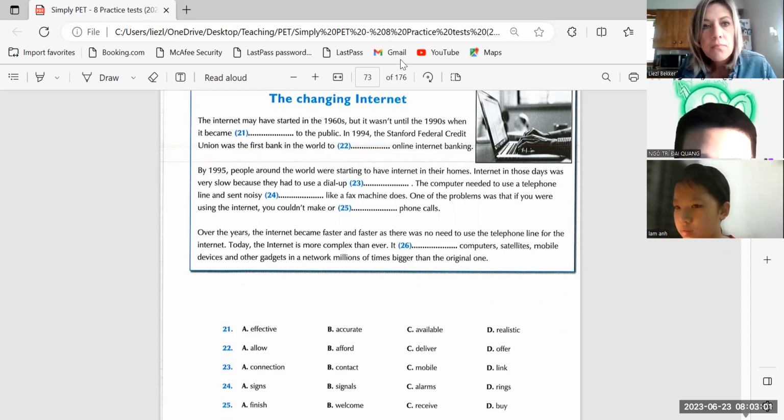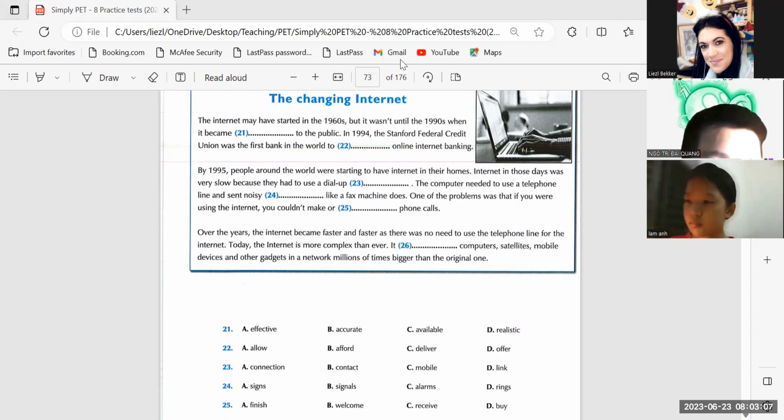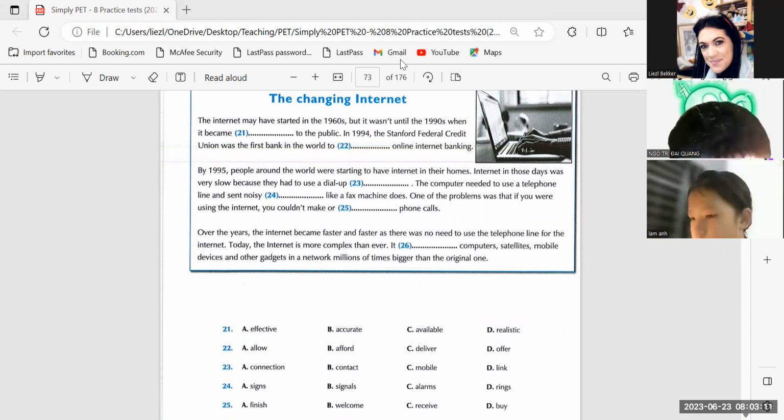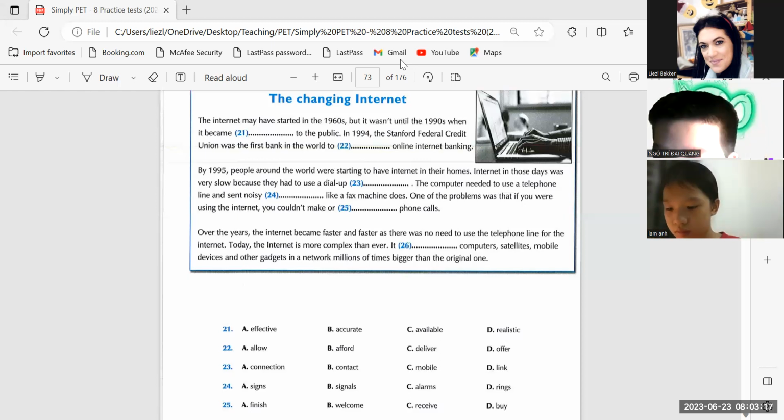In 1994, the Stanford Federal Credit Union was the first bank in the world to offer online internet banking.